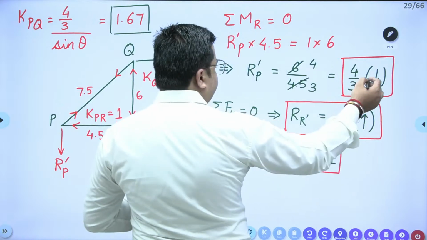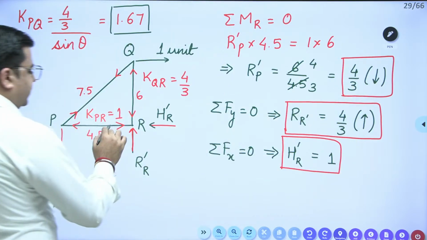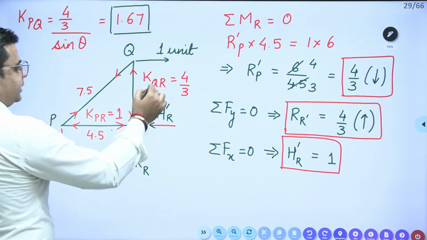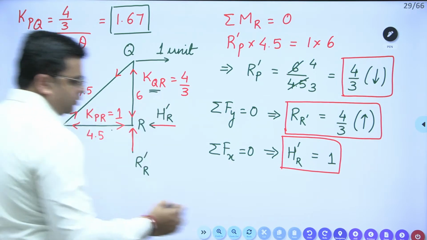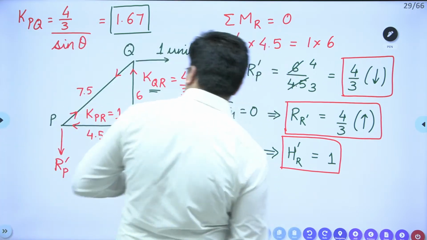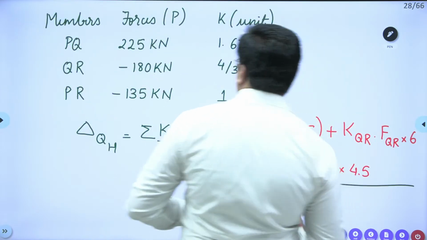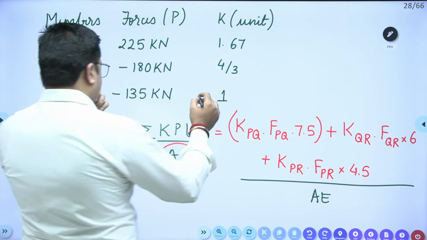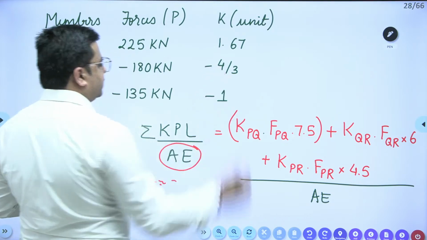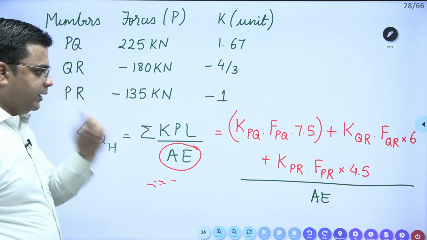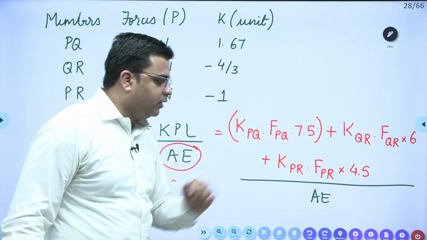This one is negative because it is compressive, and this is also negative because it is compressive. Okay, thank you. So this is KPR and KQR. So minus and minus will become positive. Okay, just get me the quick value by substituting all of these things.